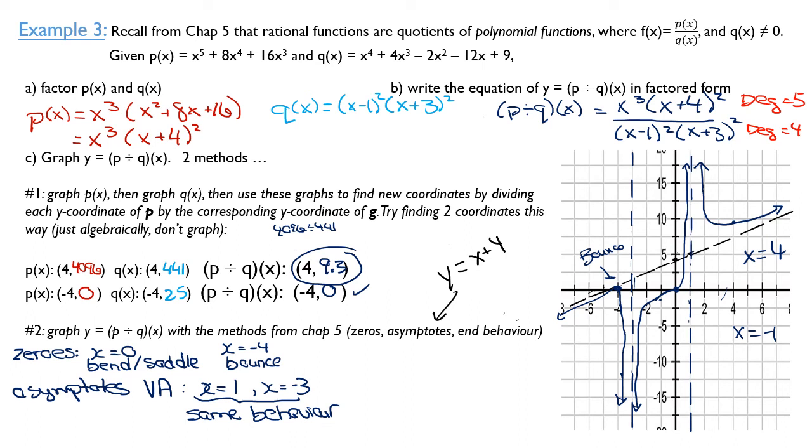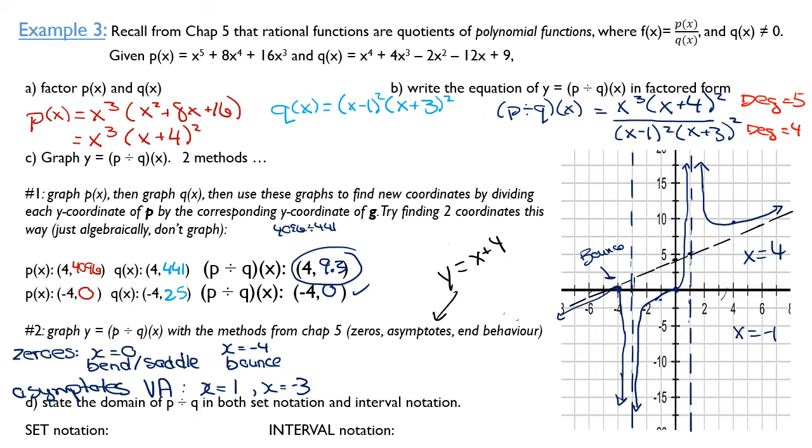I have to erase some of this stuff down here because we have one more part of the question to do. Let's see if that's enough there. Yep. State the domain of P divided by Q in both set notation and interval notation. So domain in set notation.